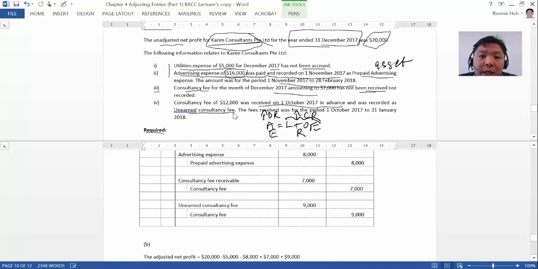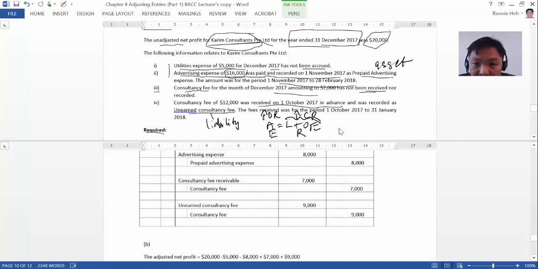So what would be the double entry on 1st October? It would have been debit cash because you received the money, 12,000, and credit unearned consultancy fee. And unearned consultancy fee is a liability, right? Why? Because you still owe these fees for the cash you receive in advance.